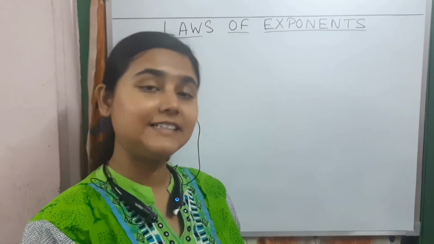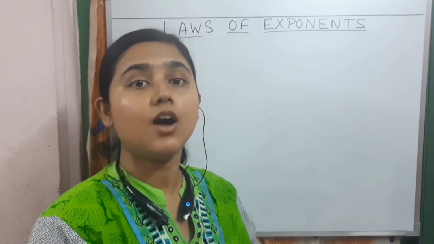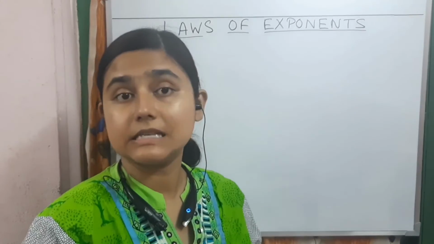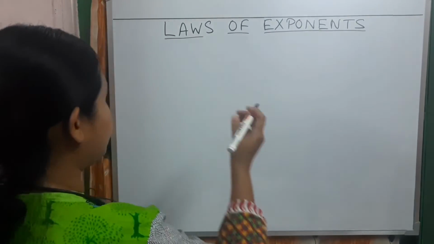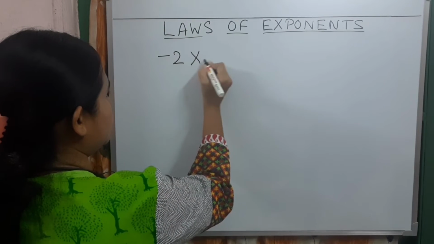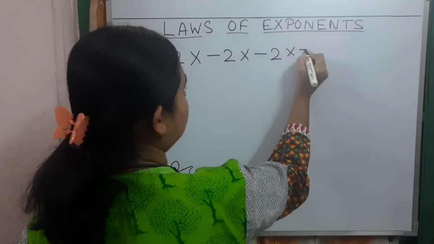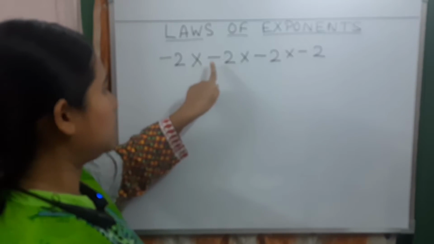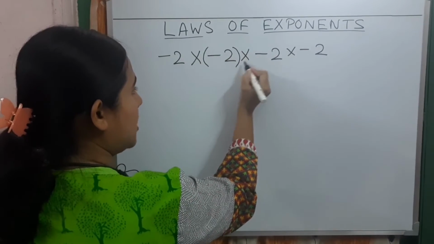Now come to the next part. Till now we were learning about positive numbers. What if I give you some negative numbers? Let's study. If I give you a number like minus 2 into minus 2 into minus 2 into minus 2, we cannot write two minus signs back to back, so here we have to use a bracket.